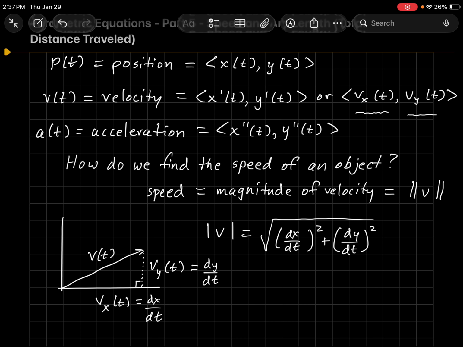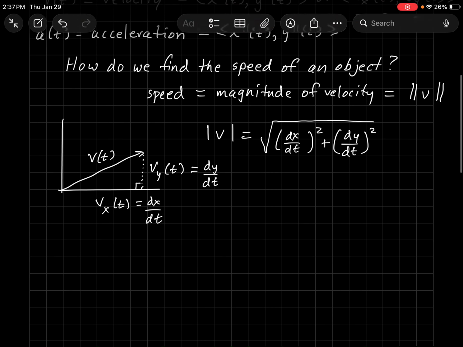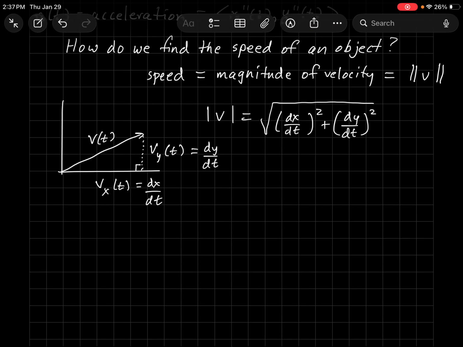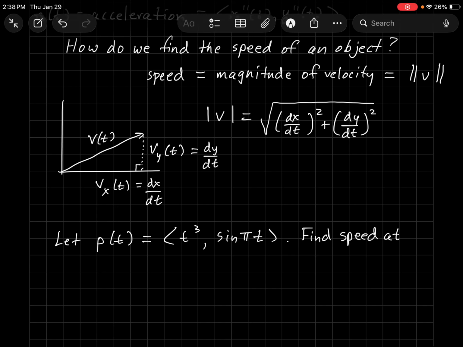Let's do one problem finding speed. So let's let our position vector be given by, let's say, t cubed, comma, sine of pi t. And let's find the speed at t equals 1.